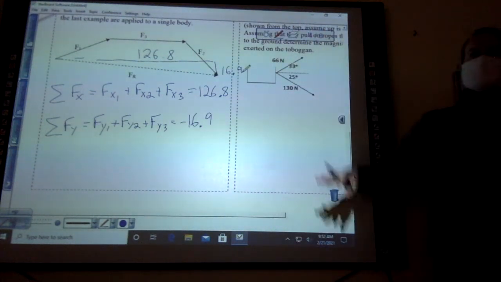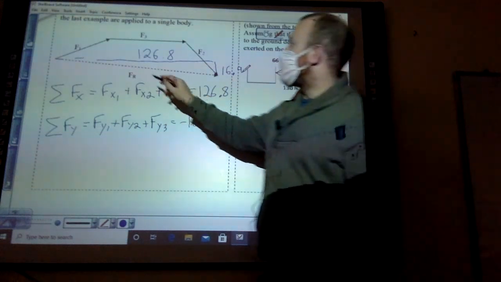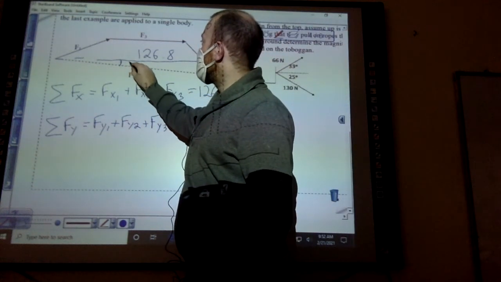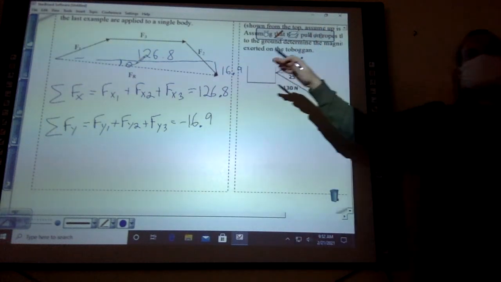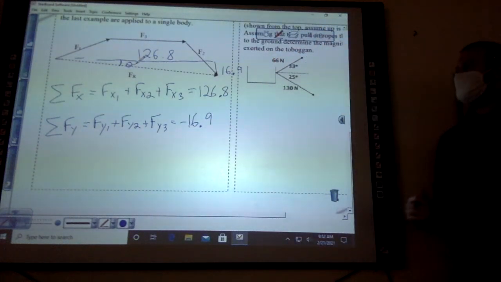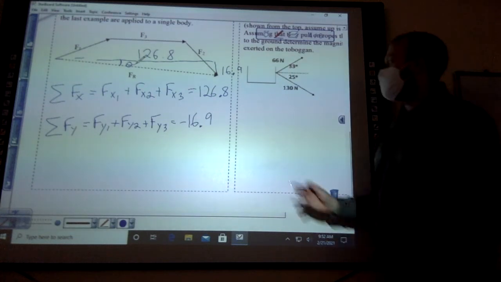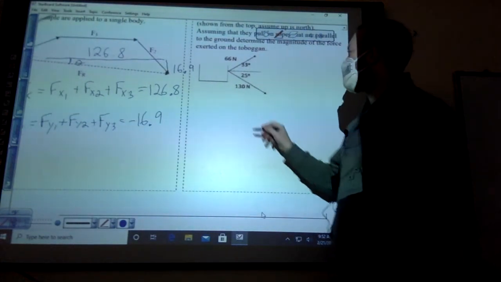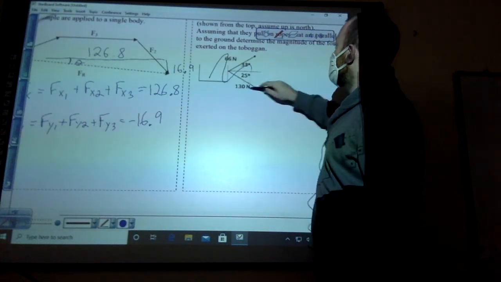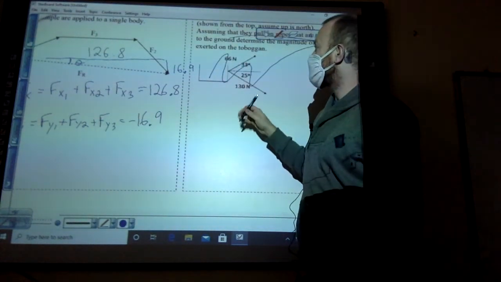From that, I can get the resultant, and from that, I can get what this theta is in here. Again, I picked the theta from where the resultant starts, not where it finishes. So I'll draw this a little bit over here so you can see this clearly. I'm not going to do this example. Don't worry about this one.